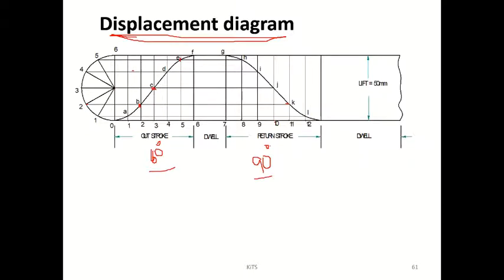If you divide the 60 into 6 parts, each segment carries 10 degree. If you divide the 90 degree by 6, each segment will carry 15 degree. So remember this. That's why I have drawn 1 centimeter line here, and here 1.5 centimeter line. I hope you remember.